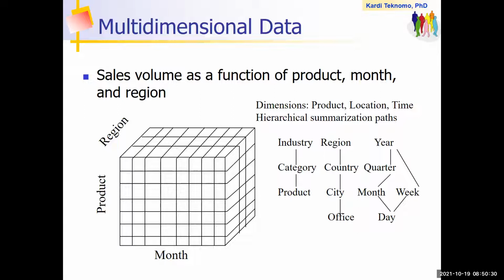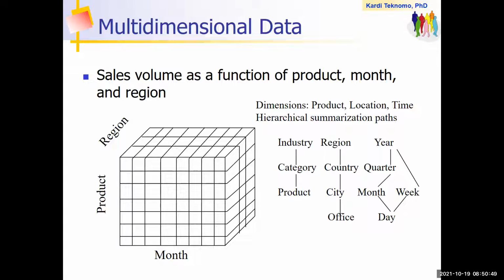And look at this. There's a kind of hierarchy, right? Of course, 1 year can be divided into several quarters. 1 quarter can be divided into several months. 1 month can be divided into several days, and 1 year can be divided into several weeks, and so on. So there's a kind of hierarchy here.